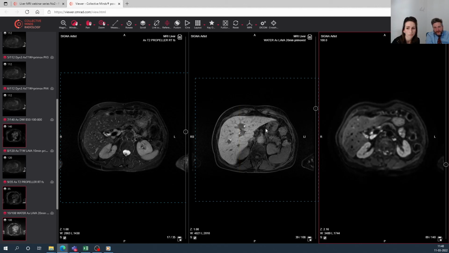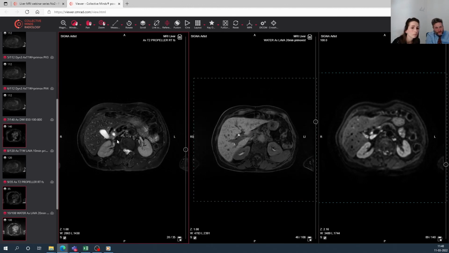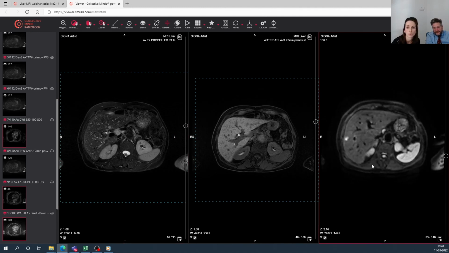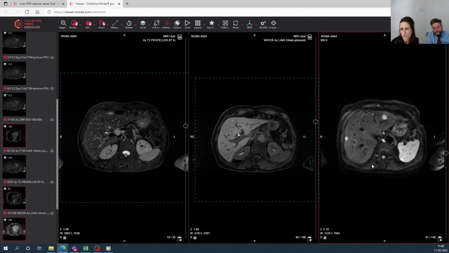For instance, here a small one, is that a lesion? Not really. Do you see any other lesions? I don't think so.